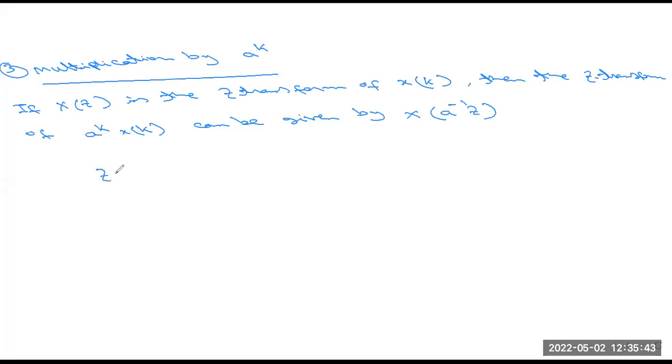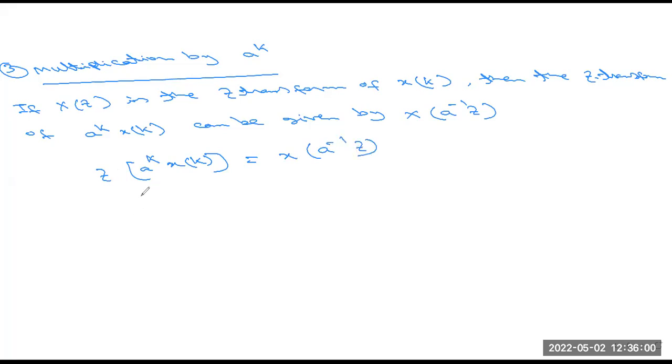So now the function is Z of a to the power k into x of k, and the answer is x of a inverse z.